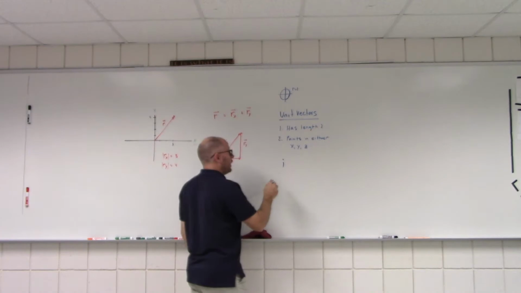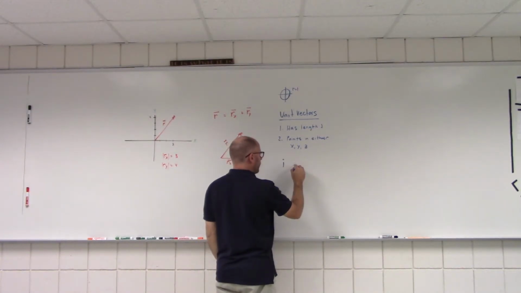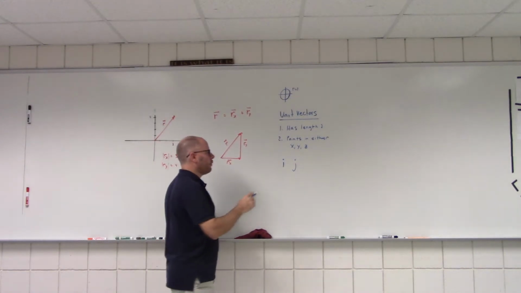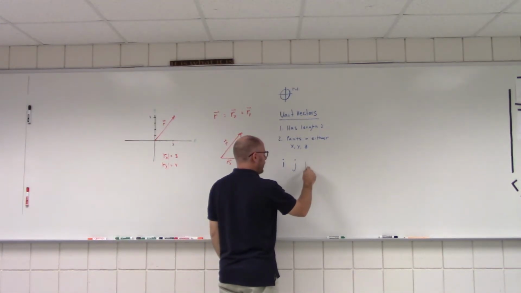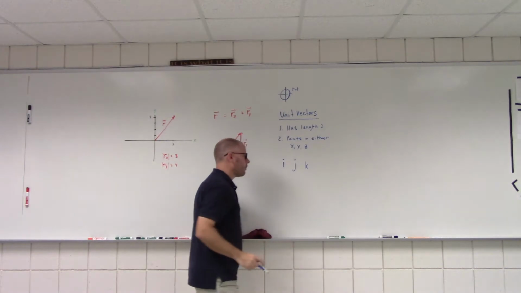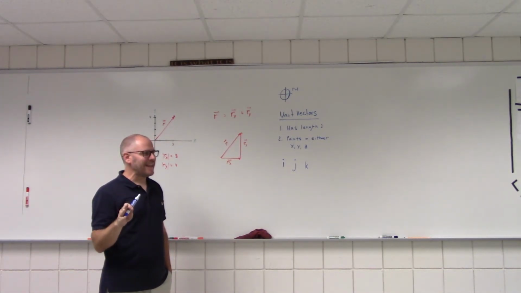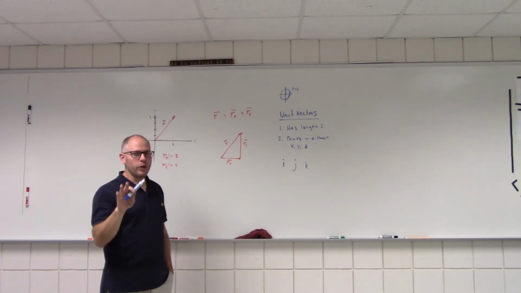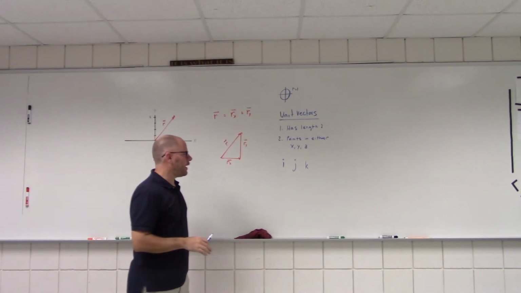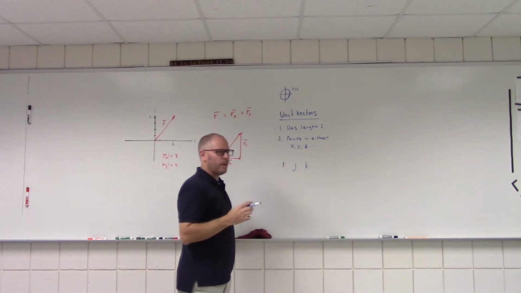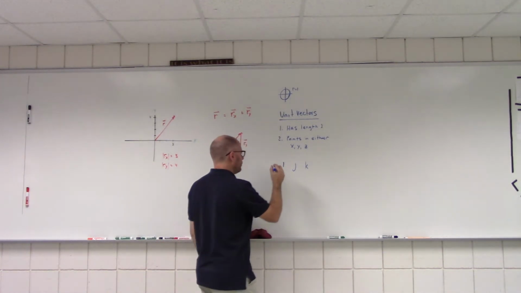The one that points in the y direction is called j. And the one that points in the z direction is called, you guessed it, k. But then they do a funny thing to indicate that these are the unit vectors, is they give them a special symbol. We call it the hat.